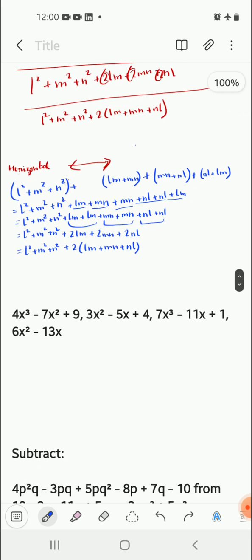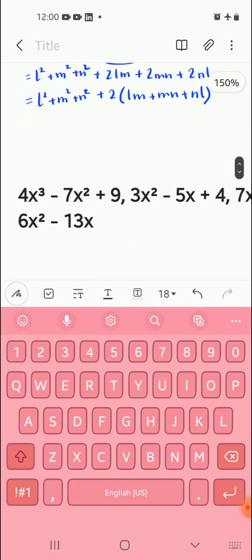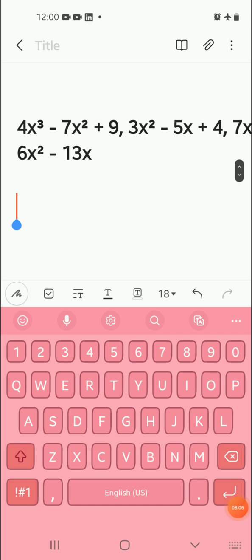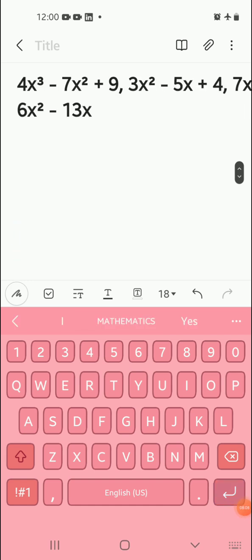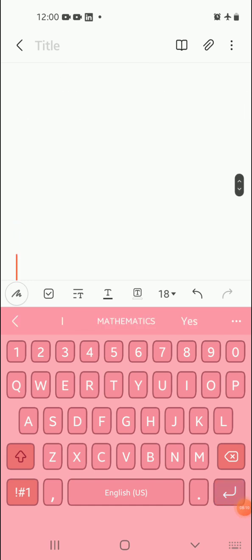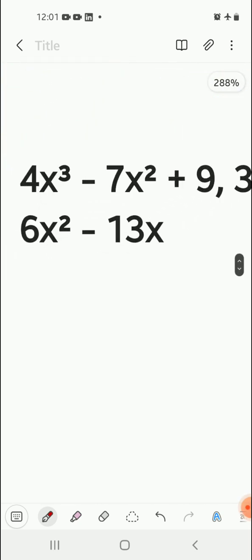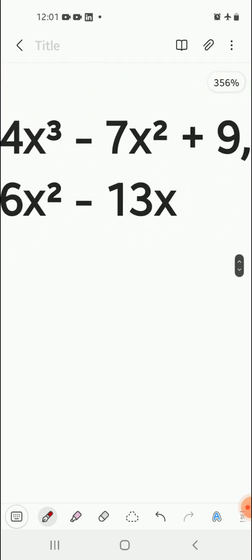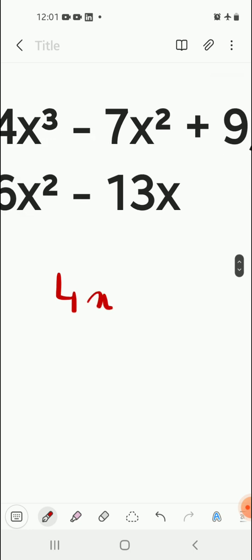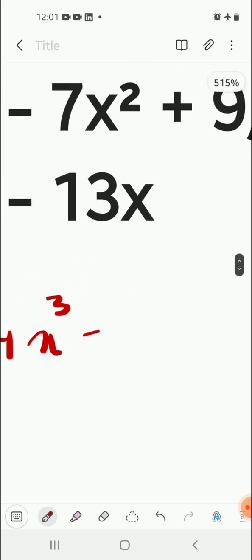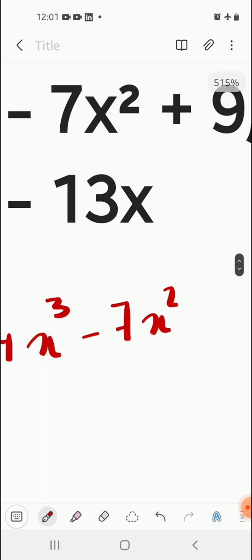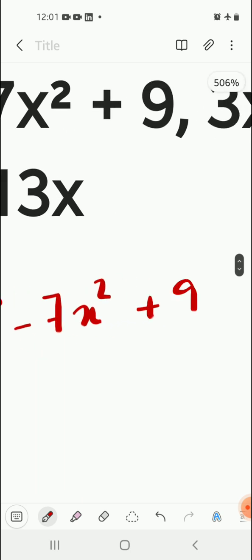Moving on to the next question, again we are asked to add, and these are the expressions that are given to us. Again I'll show you 2 ways in which we can do it. So let's begin first with the vertical method and then with the horizontal method. So see the first expression, 4x cube minus 7x square plus 9.